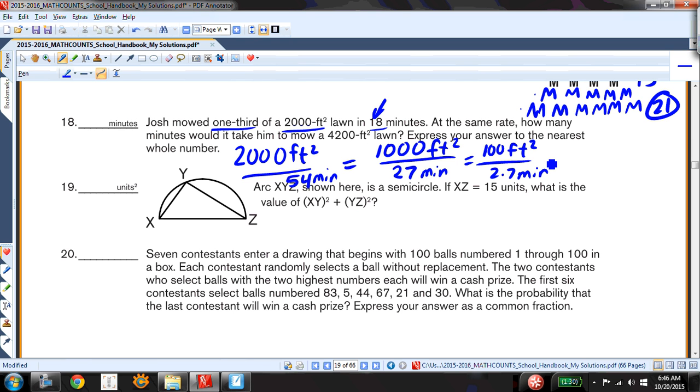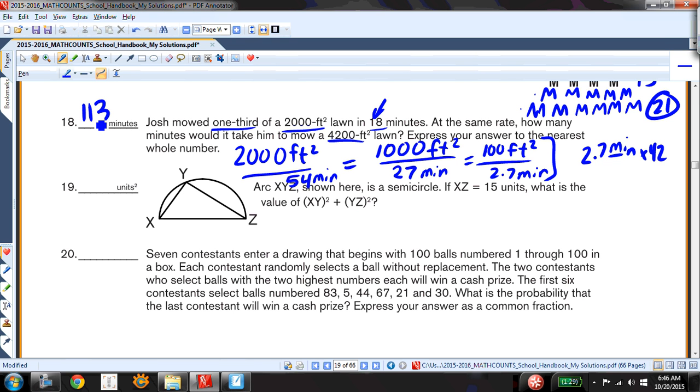And now, to do a 4,200 square foot lawn, I need to multiply this value, 2.7 minutes, by 42. So the total amount of time is going to be 2.7 minutes, which is the time it takes him to do 100 square feet, times 42, and that's equal to 113 to the nearest whole number.